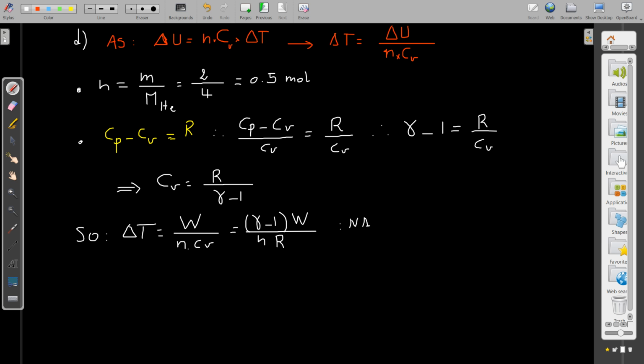Numerical application for this: delta T equals, I think it's easy, gamma minus 1, which is 5 over 3 minus 1, times the work 826.5, and then divided by the number of moles 0.5, and the given R, 8.32 joules per mole per degree Kelvin, multiplied by 1 mole.